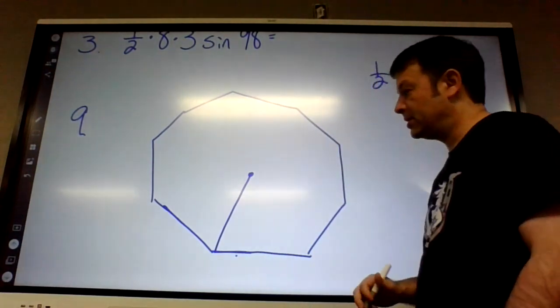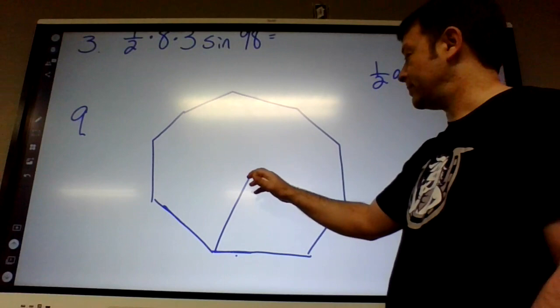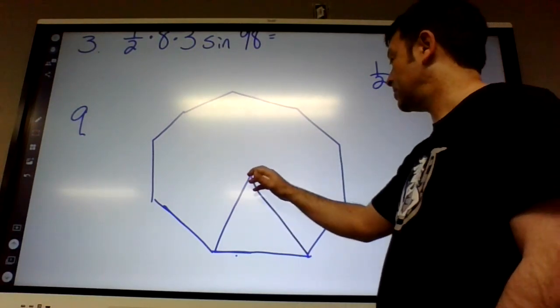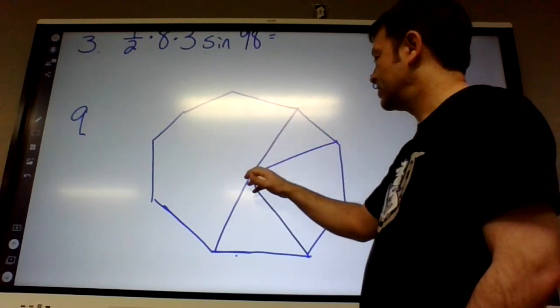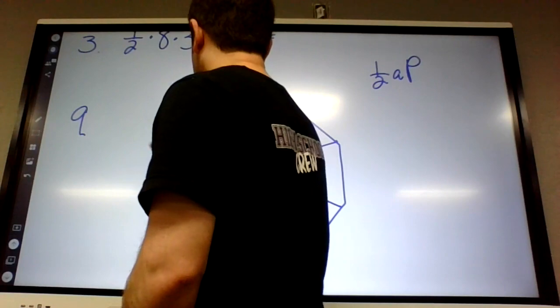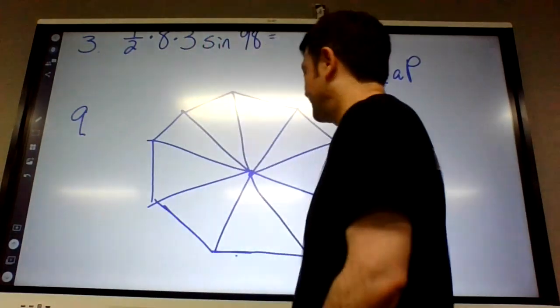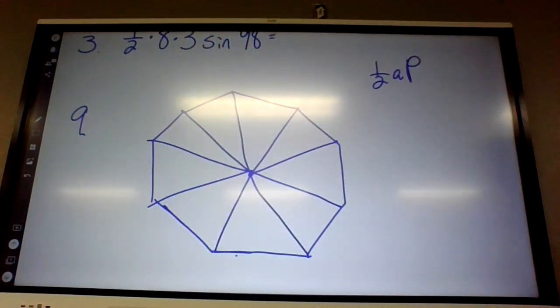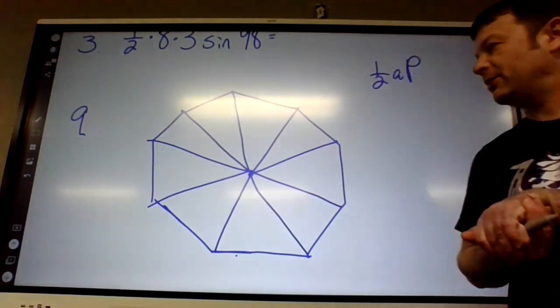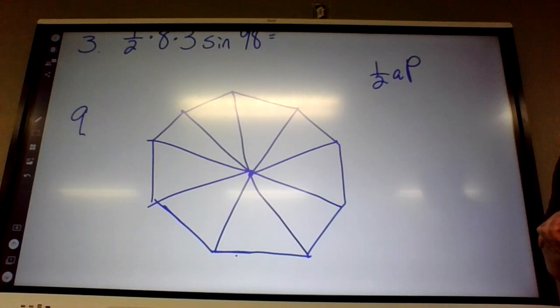So if I draw in the radii on a nonagon, nonagon means 9 sides. How many triangles would be created if I drew them in here? 9. Okay, it's an ugly nonagon, but just pretend. If it was a perfect regular nonagon, all the triangles would be the same.